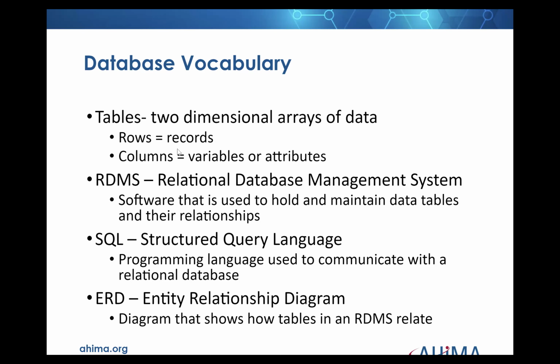And the tool that we typically use to manage this information is a relational database. And this is electronic database software that manages these different data tables. The table being this collection of rows, being the records, and columns being the different variables or attributes.